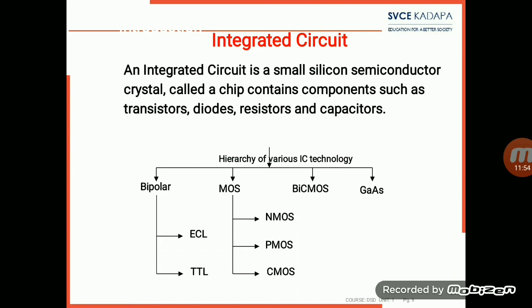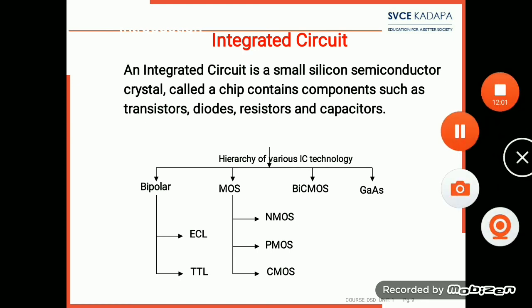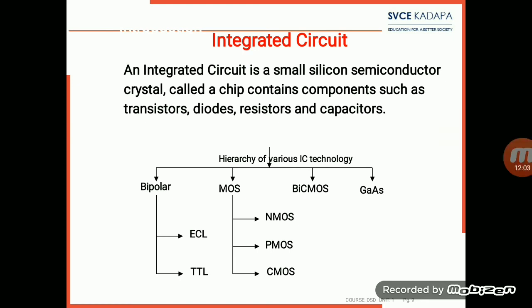It contains active and passive components. An integrated circuit is nothing but a silicon chip. It consists of an integration of different components on a silicon chip, which is called an integrated circuit.